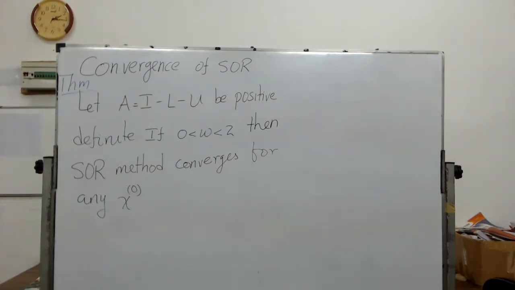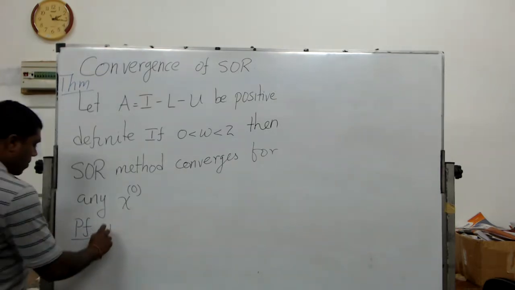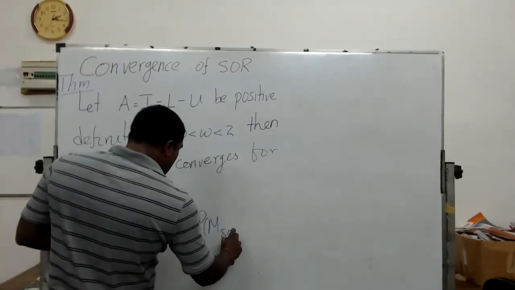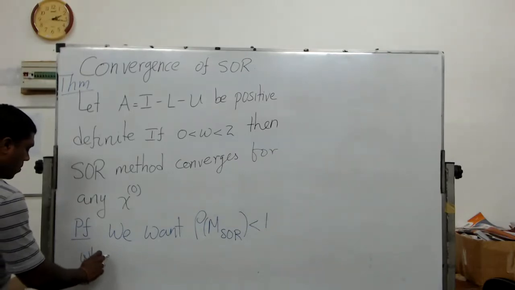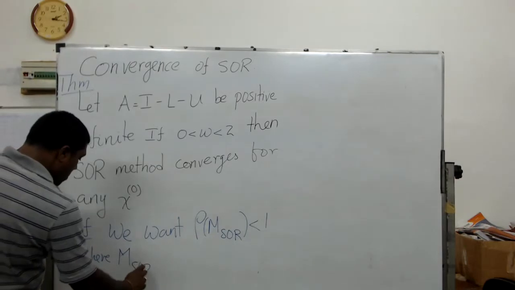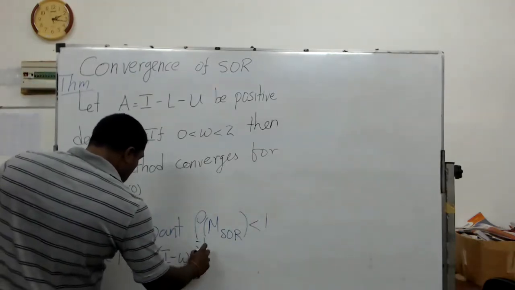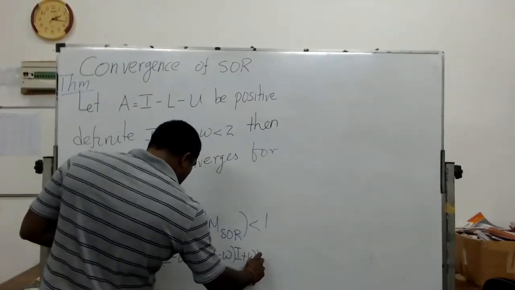So we have to prove this. Basically, you have to prove that the spectral radius of the iteration matrix is less than 1. Proof.